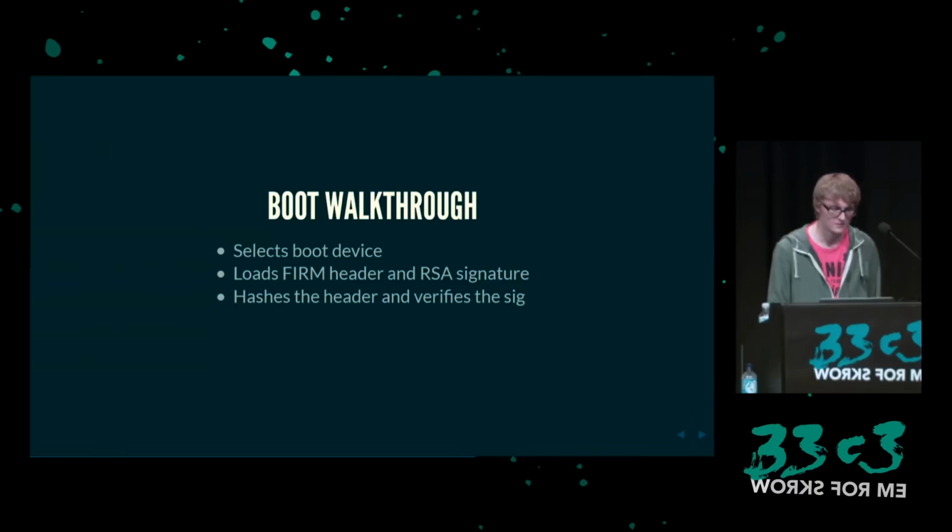Then it assumes the header is safe and starts loading the firmware sections. The firmware image is a pretty simple format. You have some entries in the header that tell you, take the data from this offset, and a section with this size is loaded to that address. It's pretty simple. We know from Nintendo's past that they like to mess up RSA signature checks.